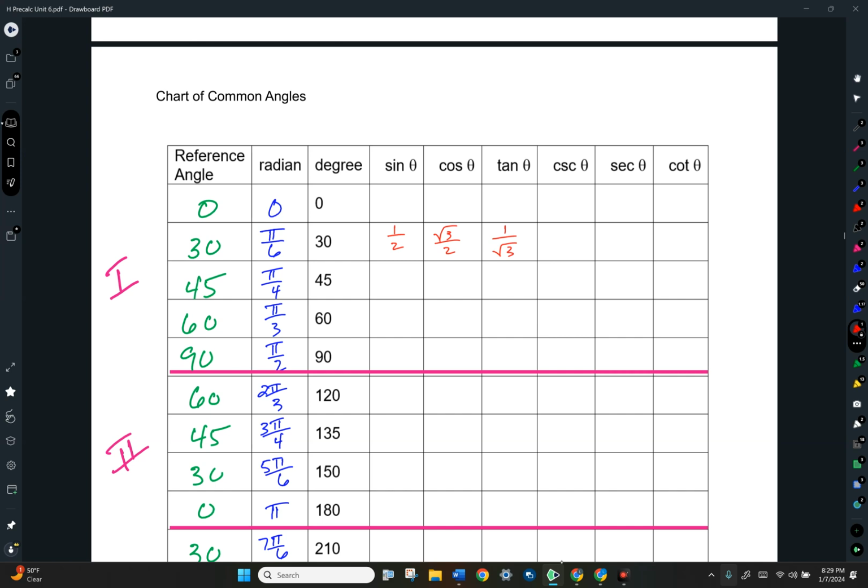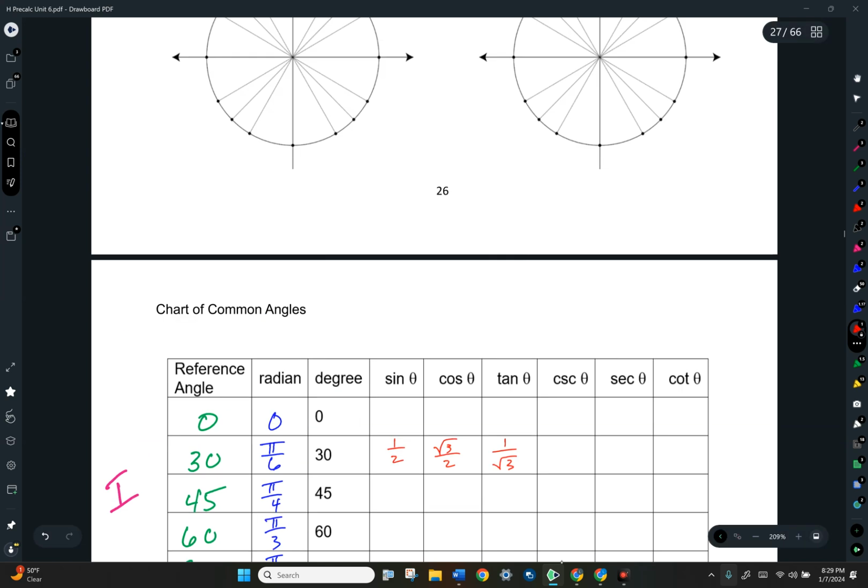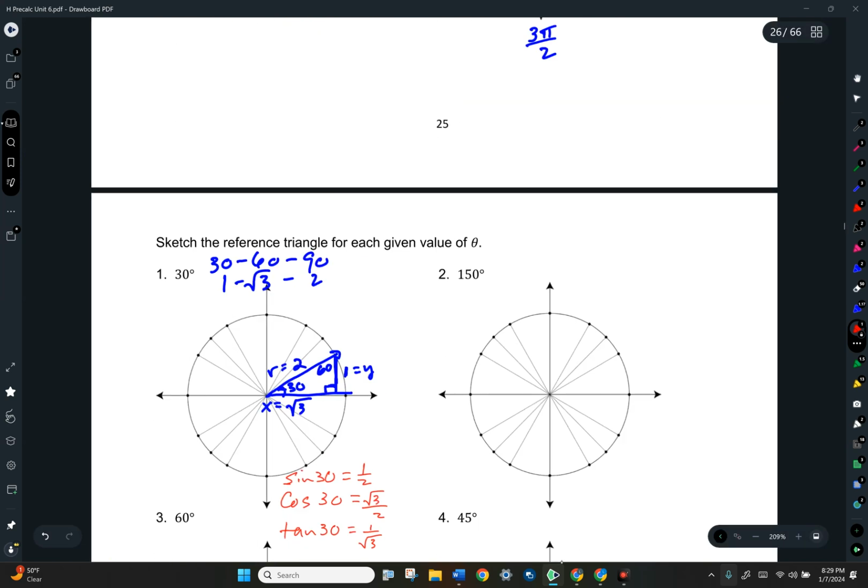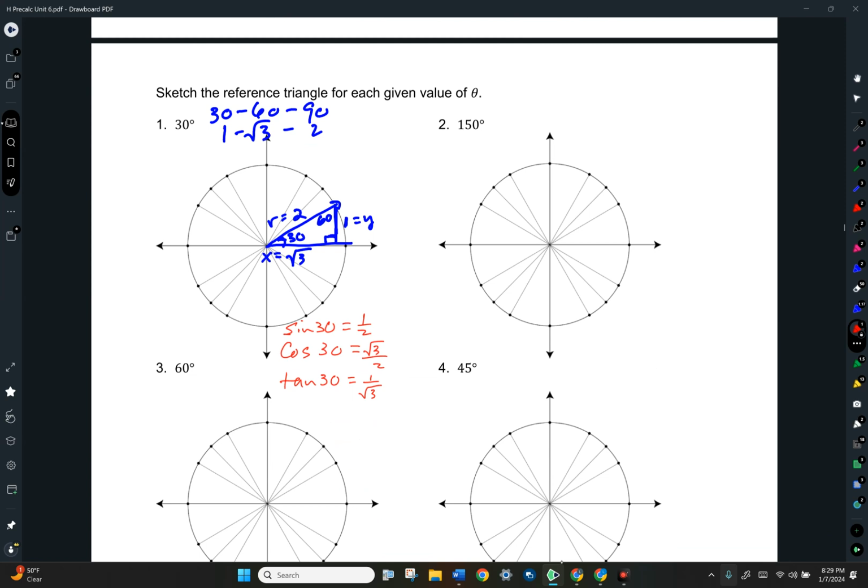We're going to skip around in filling this in. Let's go back up to our picture and look at number 2. It says, what if you have a 150? If I'm going to go to 150, that's going to take me over here into the second quadrant. That's my 150.